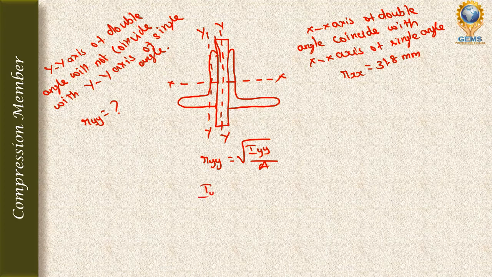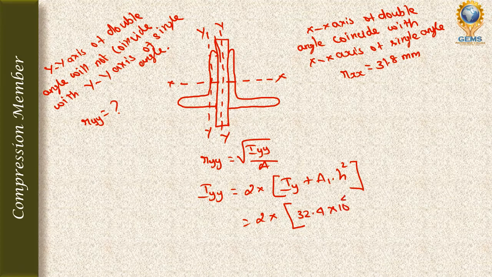So IYY is equal to, we have two angles, so 2 into IY plus A1 into H square. If you substitute the values here, IY value is 32.4 into 10 to the power 4 plus 955.